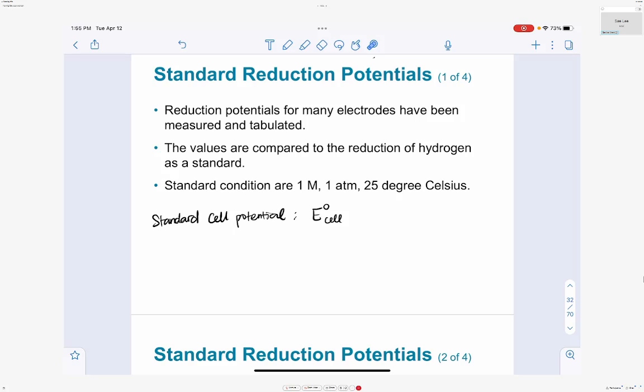In order to determine the cell potential of different combinations of substances at the cathode and anode, standard reduction potentials are pre-measured for a lot of substances.